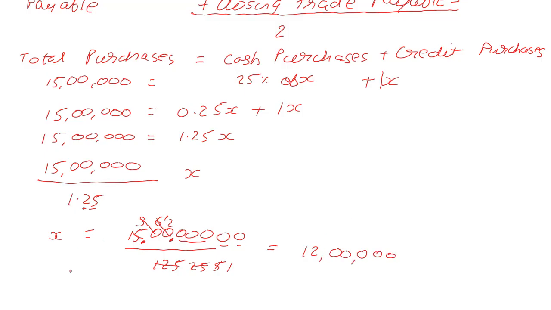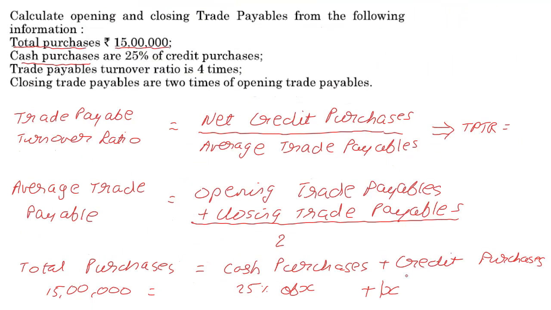So what we have got over here is credit purchases. Therefore, credit purchases is equal to 12 lakhs. Now I'm going to go upstairs to the formula with this 12 lakhs that I've just calculated, and substitute the values we have in place.